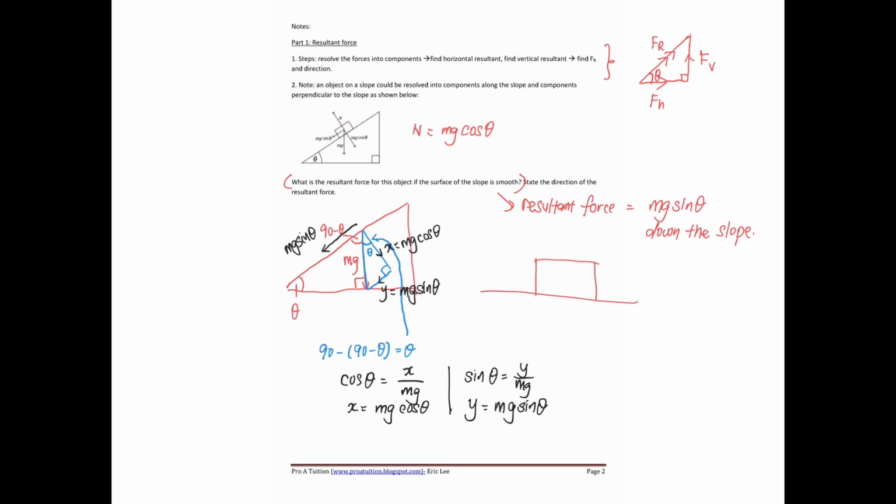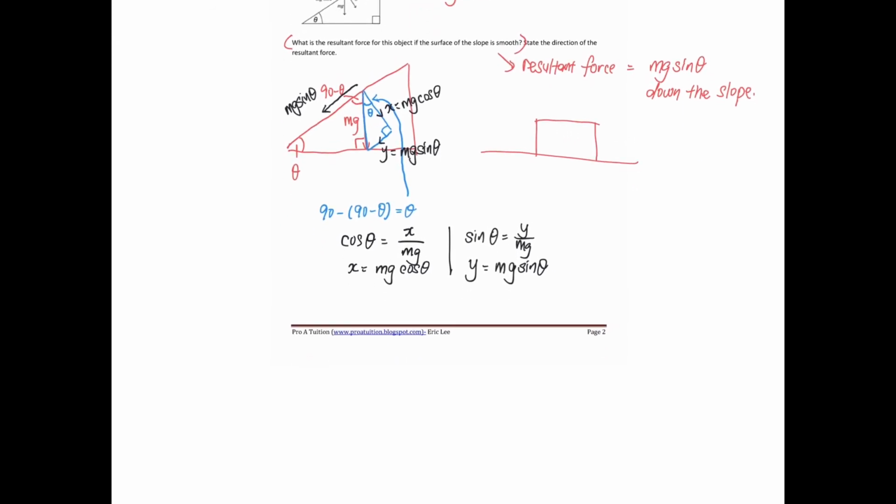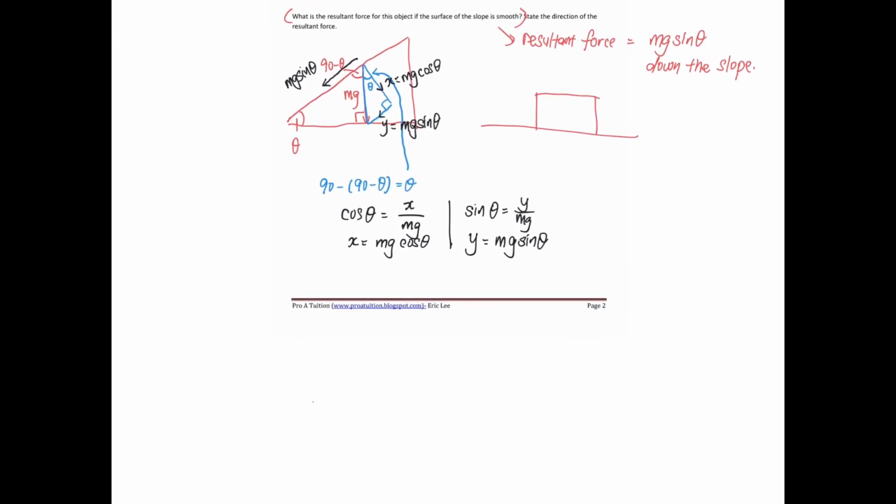So friction should act upwards. Now in order to take this, let me draw again somewhere down here. So I draw a triangle again. And this time, let's say this is a rough surface. So this is the object on the inclined plane, and this is theta.